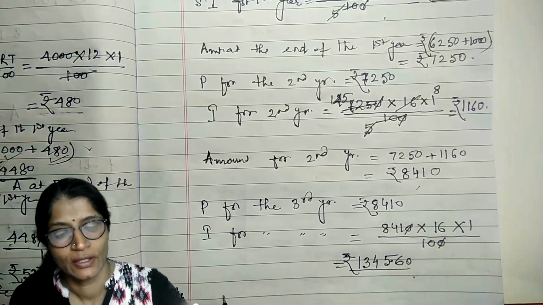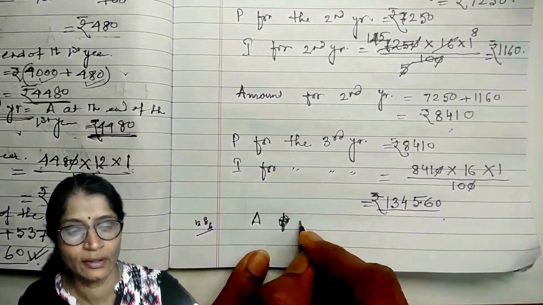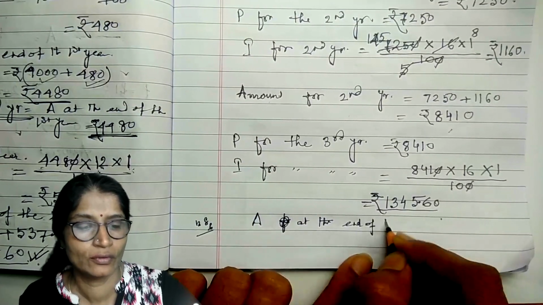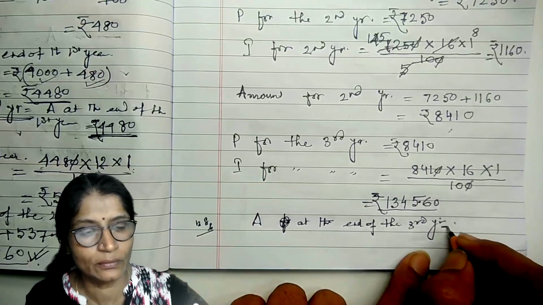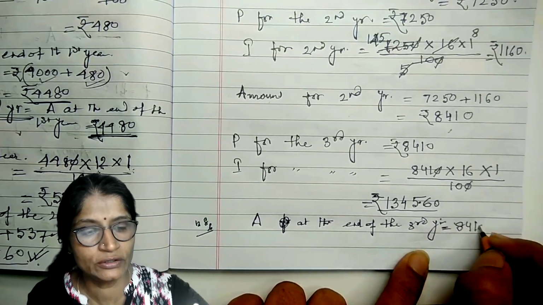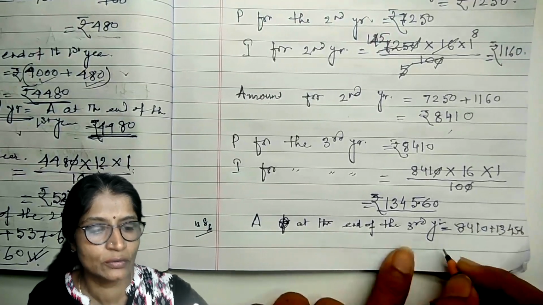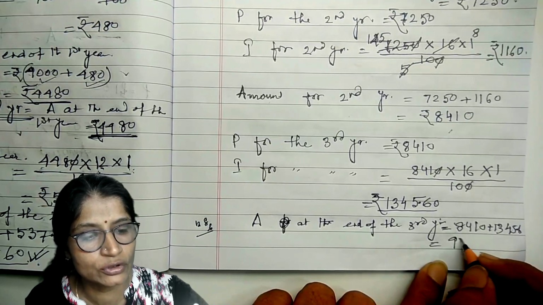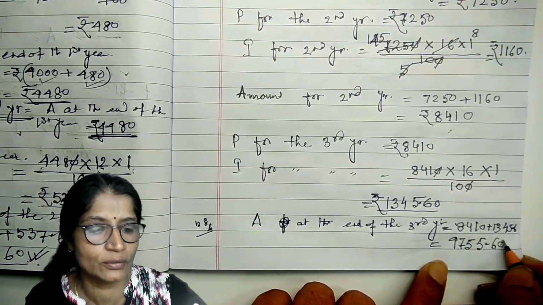That is the interest. Now the amount at the end of the third year is equal to 8410 plus 1345.60. So that is equal to 9755.60.